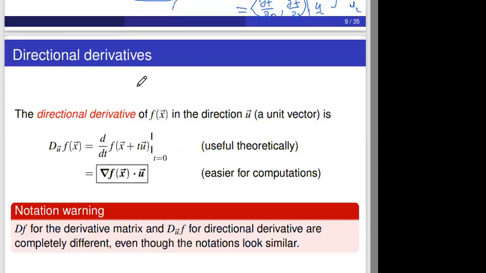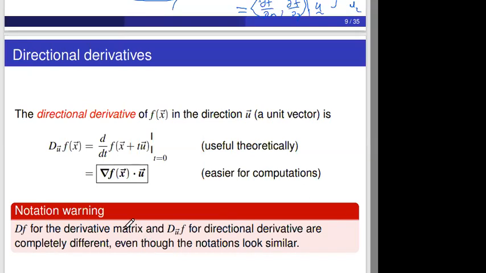Now, this is the notation for the directional derivative of f in the direction u. Don't confuse this with this notation: all the time we use Df for the Jacobian matrix.